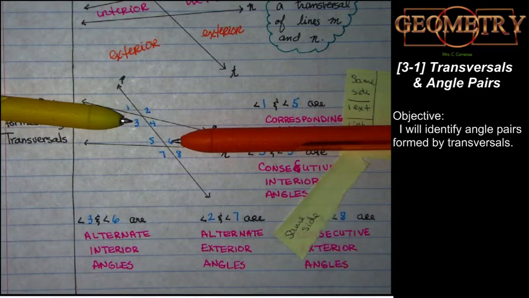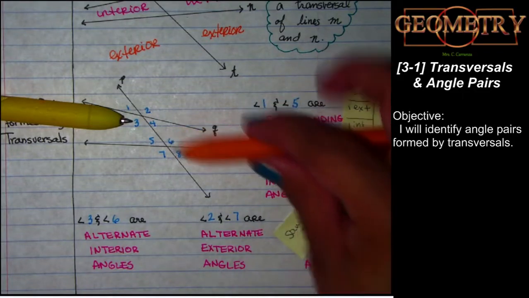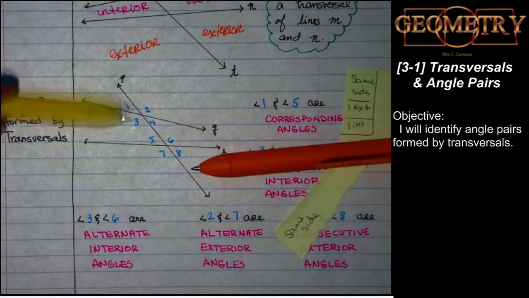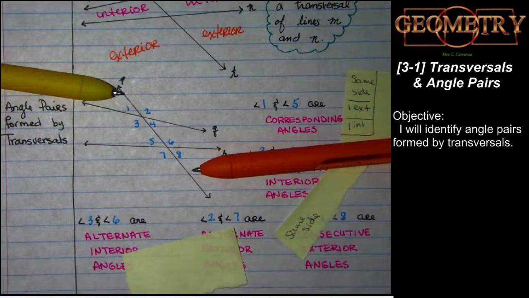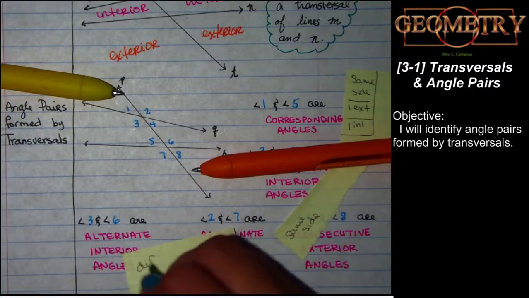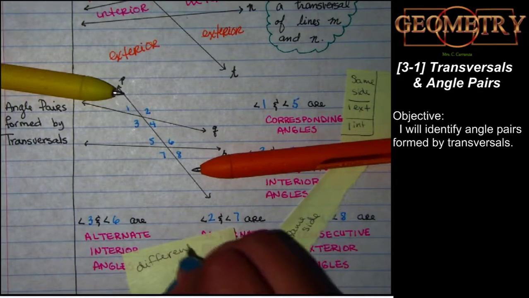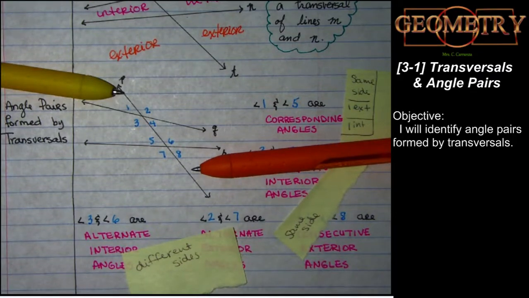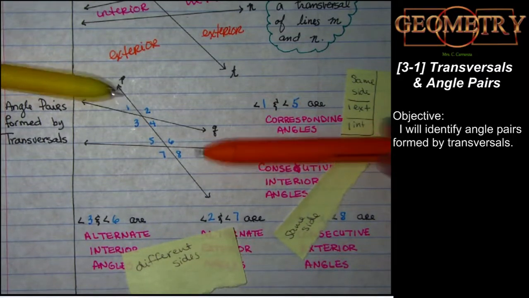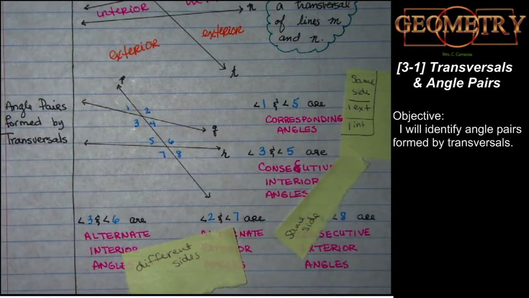The interior ones again are in the inside of the lines. The exterior then would be on the outside of the lines. So this notion of alternate is going to mean different sides. So you can add those little quick notes to yourself. I recommend that you do that because it'll help you out in our upcoming activity.